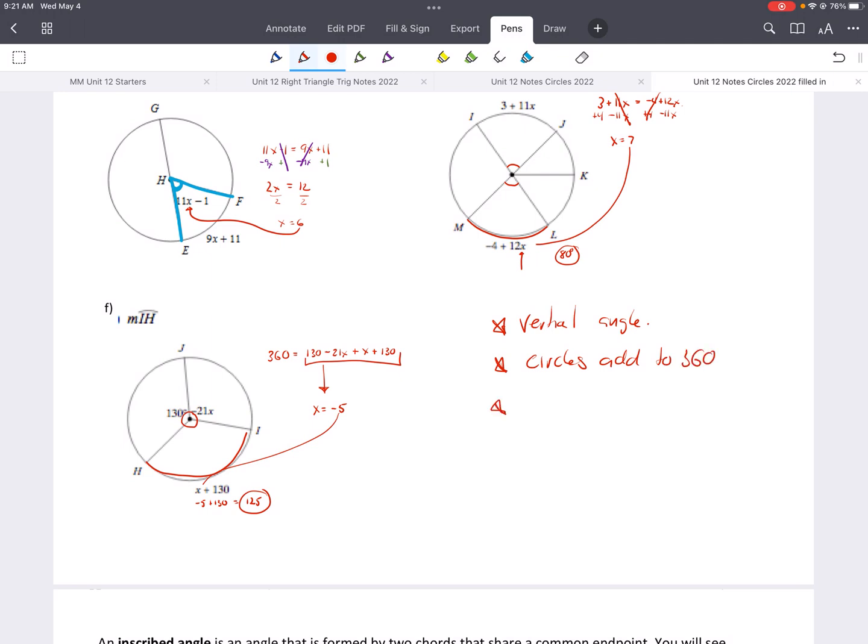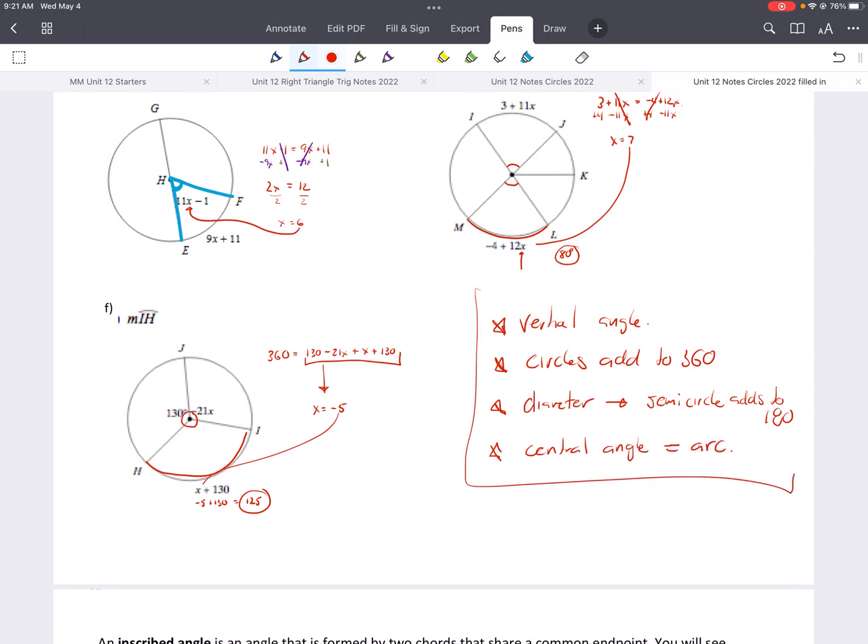If you have a diameter, you may want to think we have a semicircle. Oops, that's not how you spell that. A semicircle adds to 180. And we also want to remember that a central angle is equal to its arc. So those are some things that will help you as you go along.